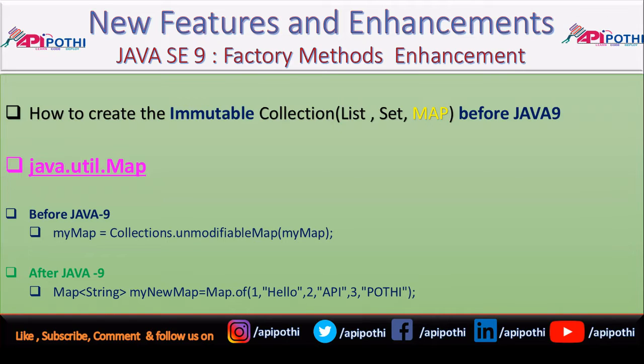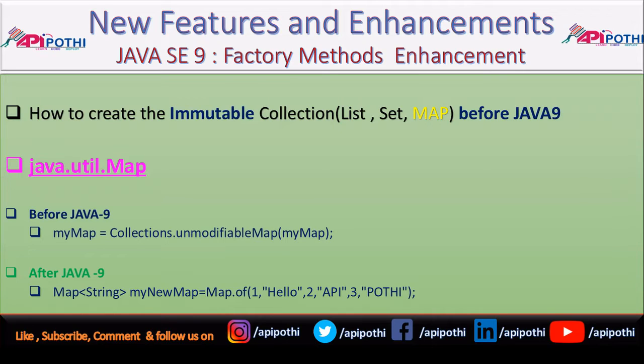As we already understood how to create the immutable list object as well as set object, this video follows the list and set, and here we are going to understand only the map concept, meaning how to create the immutable object of map.